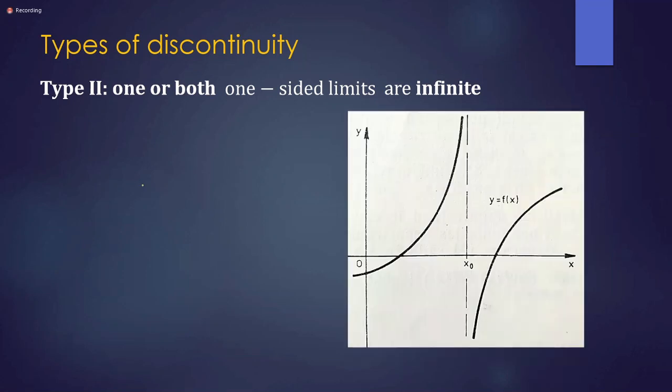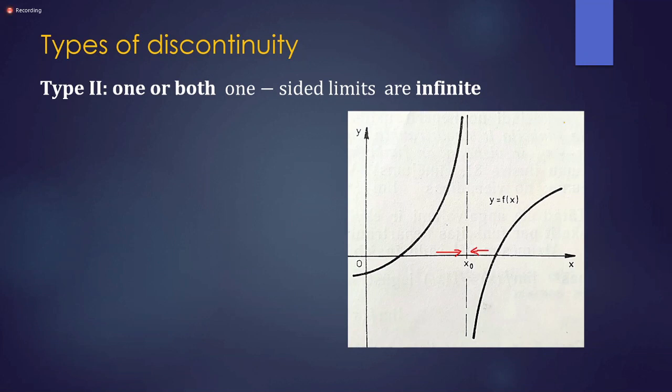So, one-sided limits, one or both. In this case, you see that the limit from the left is positive infinity, and the limit from the right is negative infinity. So in this case, they are different infinities.